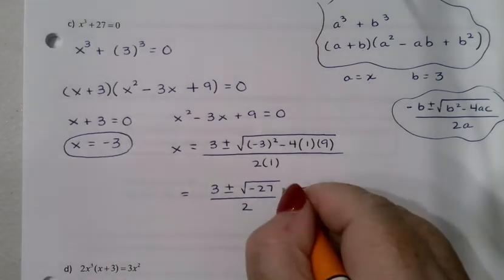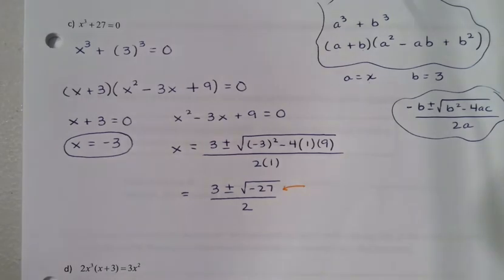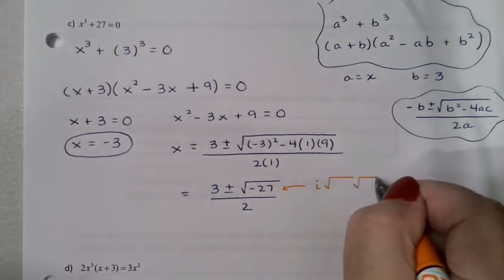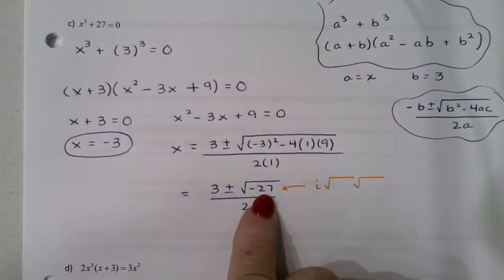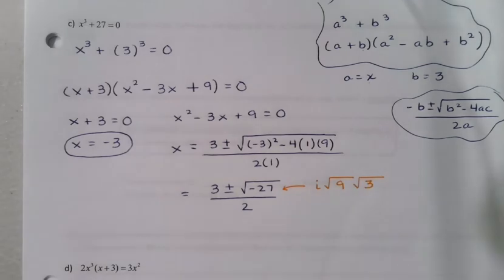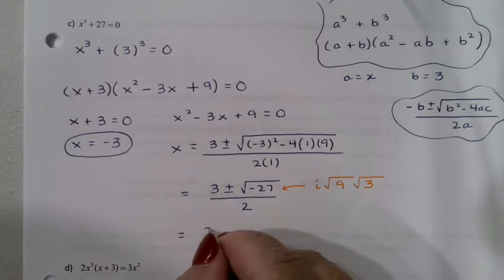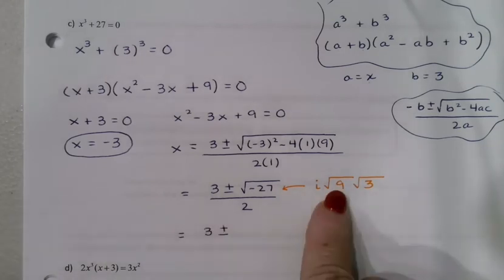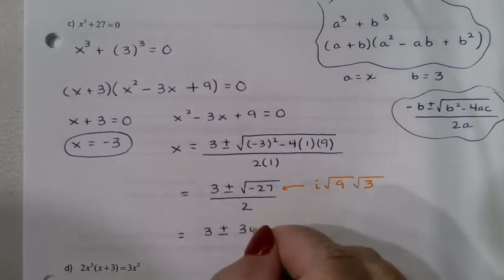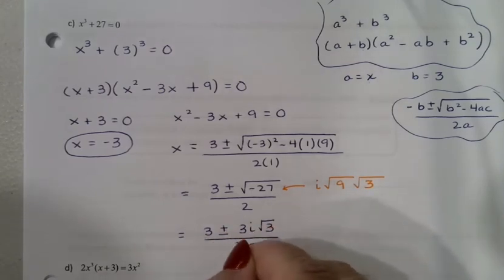And I'm just going to kind of think my way through this radical here. Definitely we'll have the i because of the negative. And then I've got to see if I could break that square root of 27 down, which I think I can. Perfect square 9 goes into that. 27 is 9 times 3, right? So I could write that as 3 plus or minus square root of 9 is 3, so that's 3i times the square root of 3, all over 2.